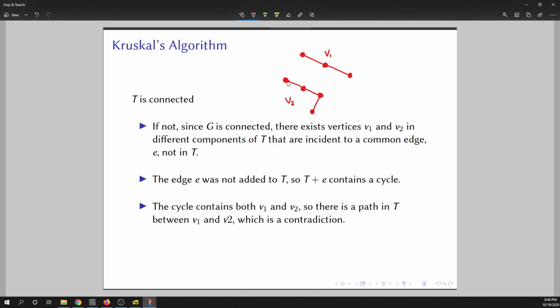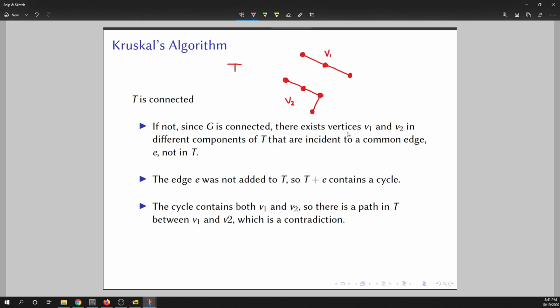So kind of like my picture has here. These red vertices and edges are going to indicate vertices and edges that are in T. So there's no way to get from V1 to V2 or vice versa, okay?